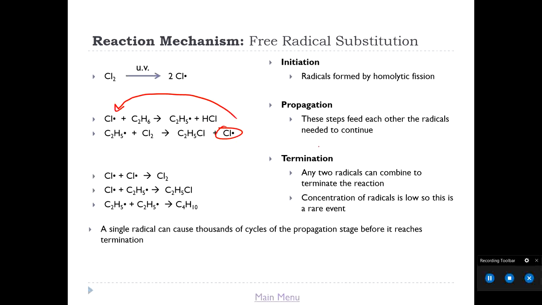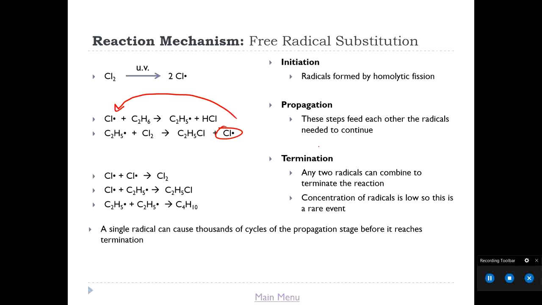A single radical can cause thousands of cycles of propagation. This is why, for example, chlorofluorocarbons being released into the ozone layer is so dangerous, and so important that these have stopped being used, because just a handful of these chlorofluorocarbons getting into the atmosphere can cause thousands and thousands of ozone molecules to be destroyed.